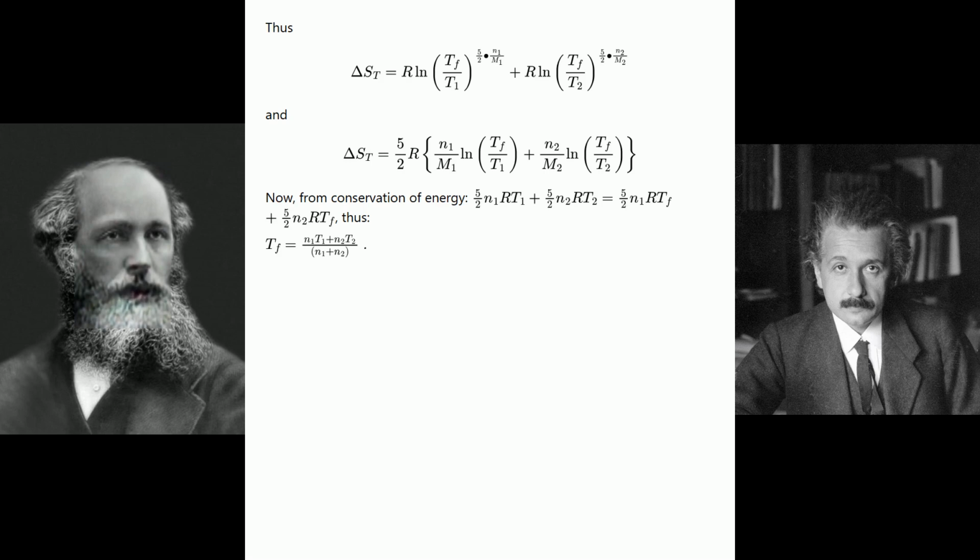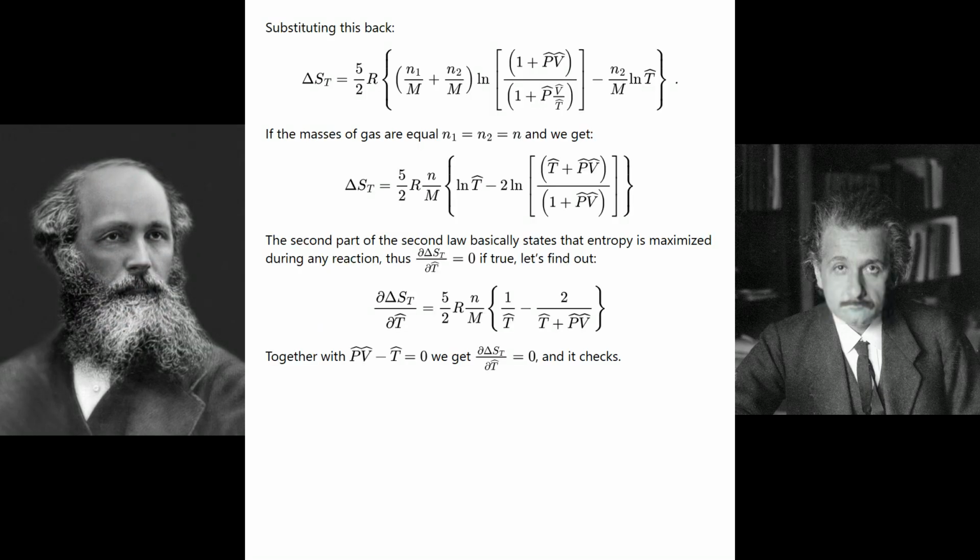Now, from conservation of energy, 5 halves n sub 1 R T sub 1 plus 5 halves n sub 2 R T sub 2 equals 5 halves n sub 1 R T sub F plus 5 halves n sub 2 R T sub F. Thus, T sub F equals the fraction with numerator n sub 1 T sub 1 plus n sub 2 T sub 2 and denominator n sub 1 plus n sub 2. Substituting this back, see the next equation. If the masses of gas are equal, n sub 1 equals n sub 2 equals n, and we get.